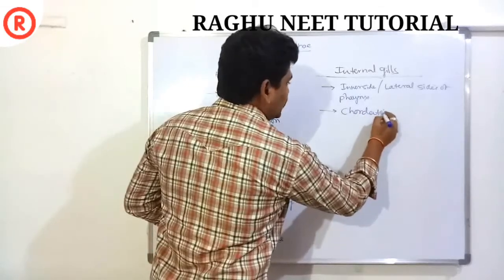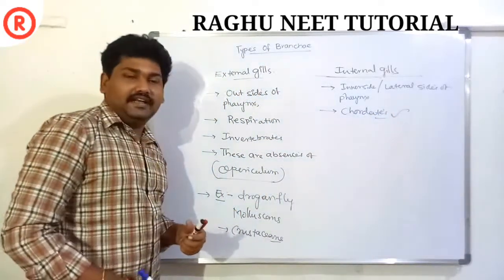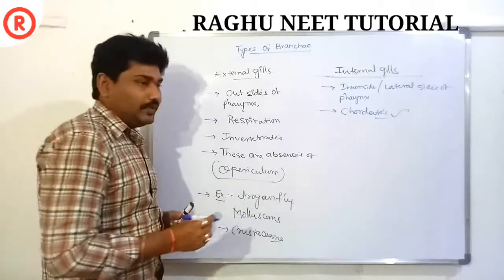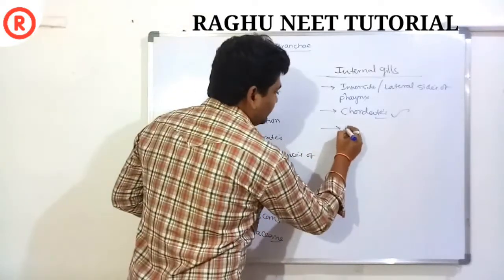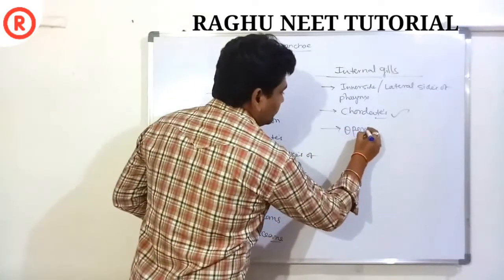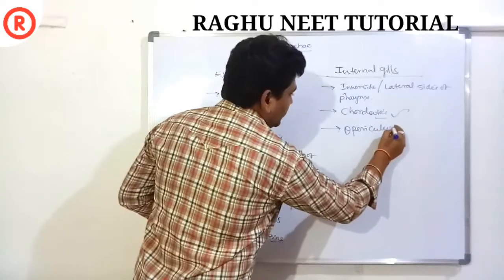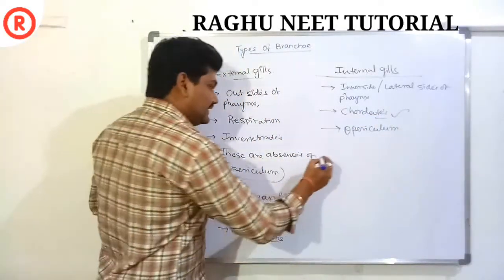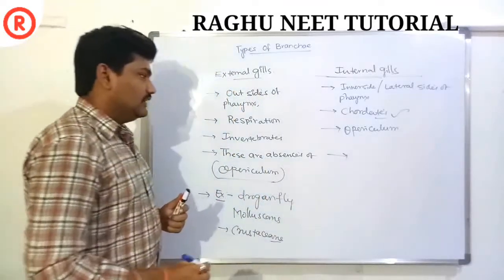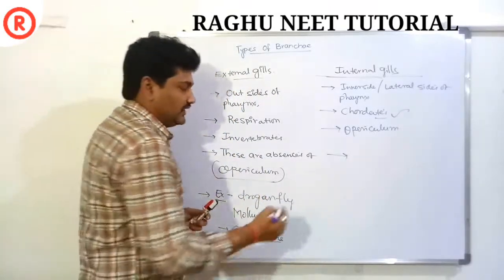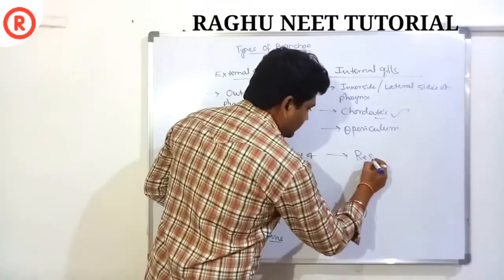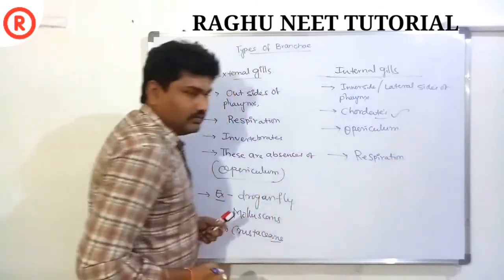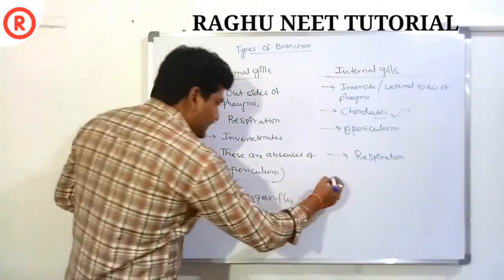What are the internal gills? The internal gills are completely protected and covered by the operculum. These are also useful for respiration.